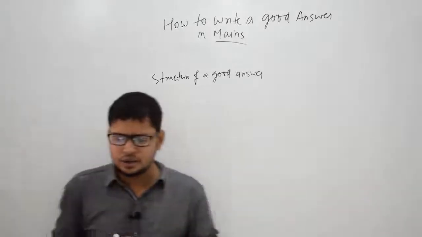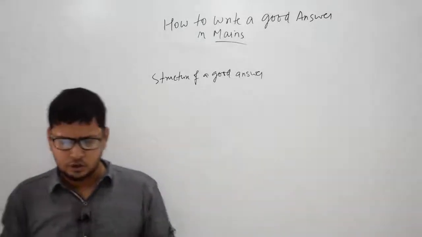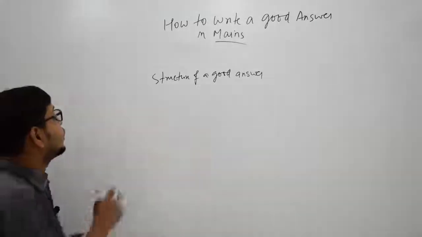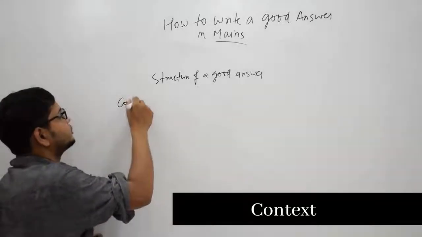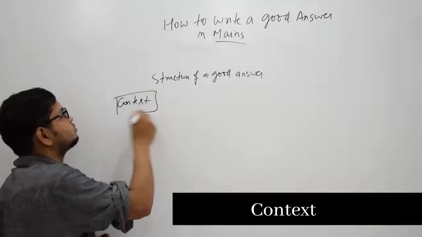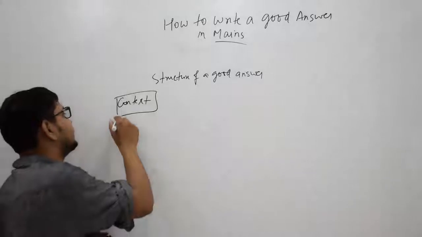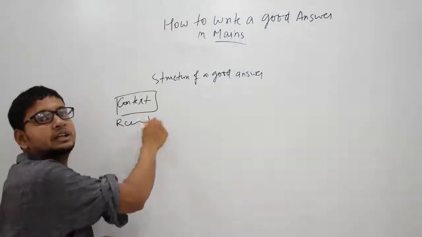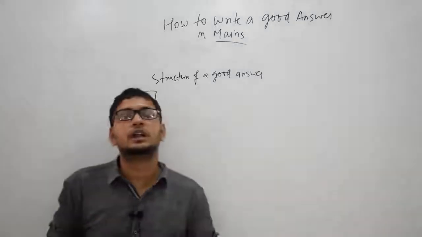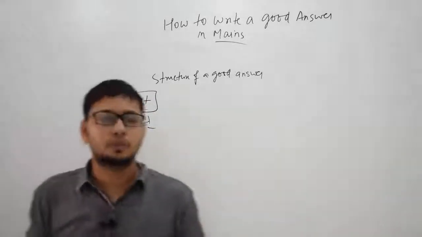There are 3 ways you can start your introduction. The first way is that you can write the context. Suppose a lateral entry question is asked, you can write the context that recently the government has introduced lateral entry for the post of joint secretary.